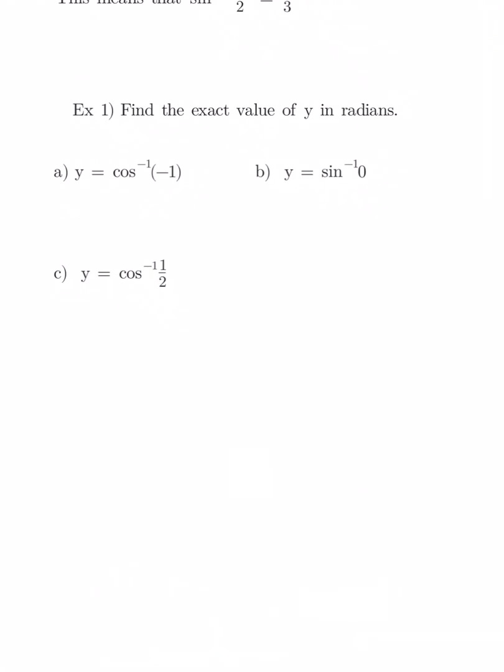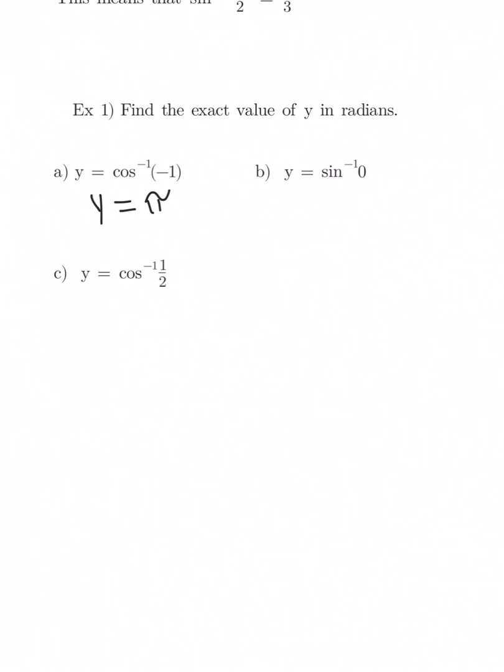You are asking yourself what angle in radians in quadrant 1 or quadrant 2, because this is cosine, has a cosine of -1. Well, that happens at pi. So your answer here would be y equals pi.